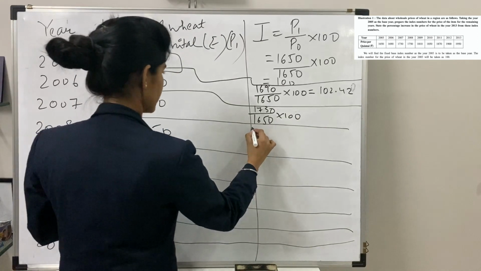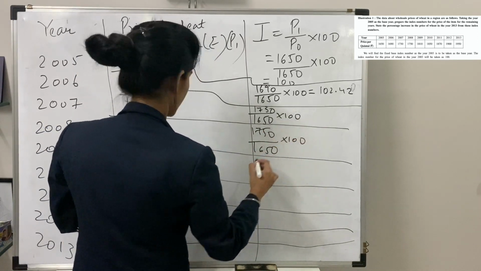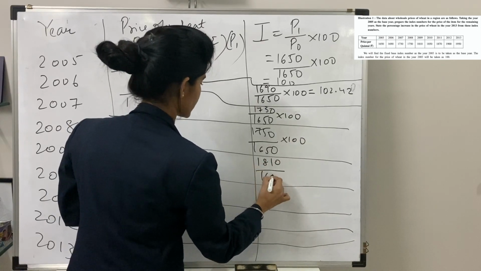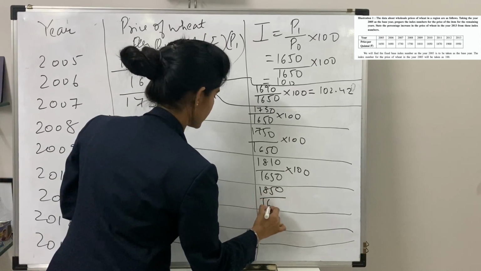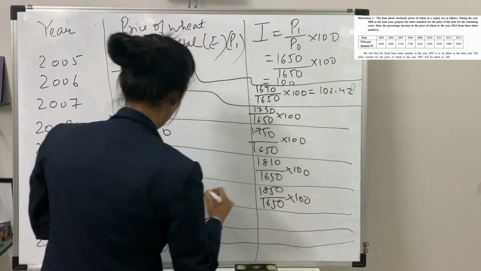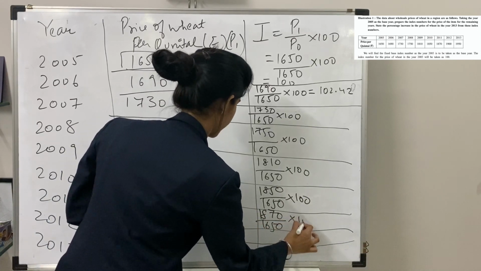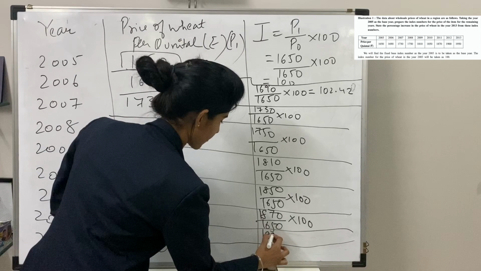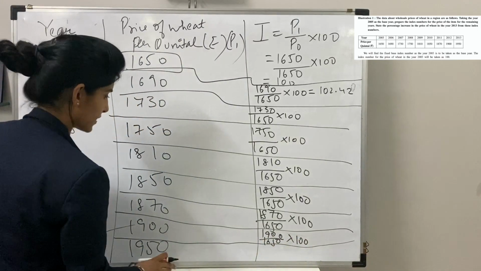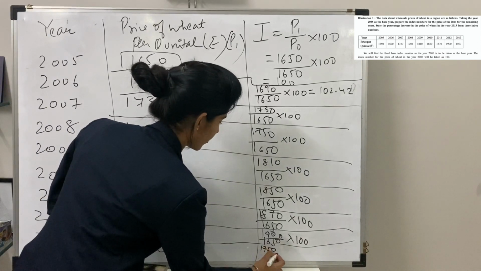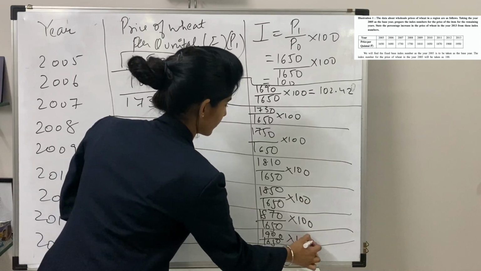First we'll write for all the years. 1750 upon 1650 into 100. 1810 upon 1650 into 100. 1850 upon 1650 into 100. Next is your 1870 upon 1650 into 100. Next 1900 upon 1650 into 100. Next thing is your 1950 upon 1650 into 100.